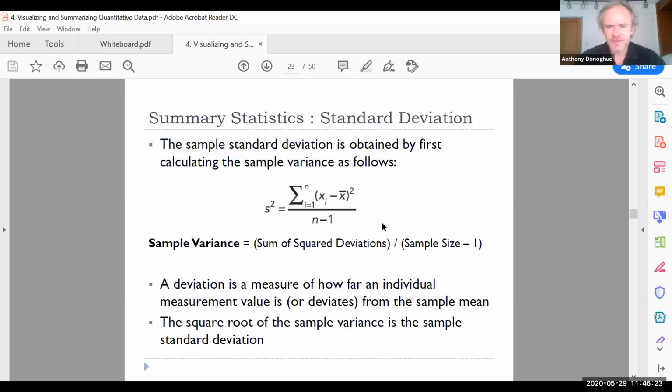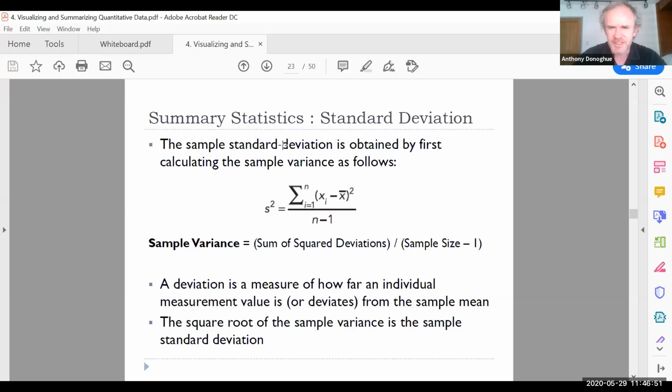Our measure of spread or variability around the mean is called the standard deviation, the sample standard deviation. As a stepping stone for getting that value, we have to calculate what's called the sample variance. If anyone wants to throw in a chat who knows or surmises why it's like a standard deviation, we want to get a measure of the average deviation.